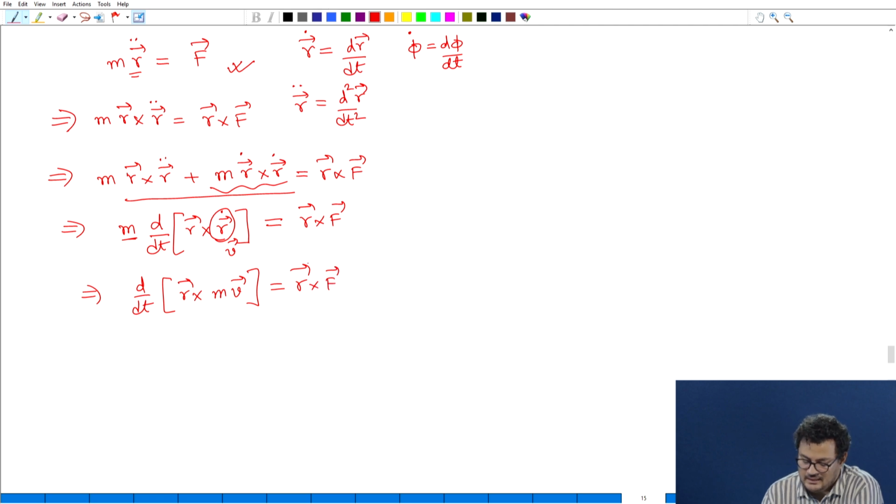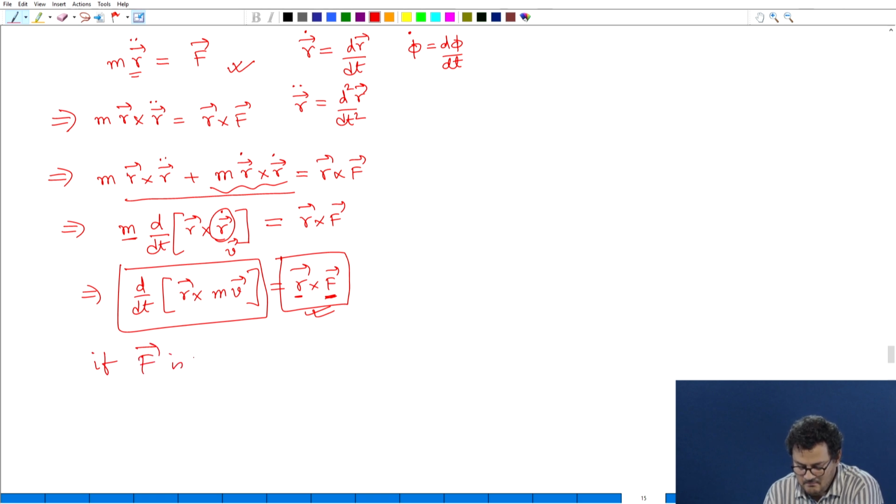So you see, let us say your f is not 0, but f is somehow parallel to r vector. Then r cross f is 0, and your r cross mv is a constant of motion.